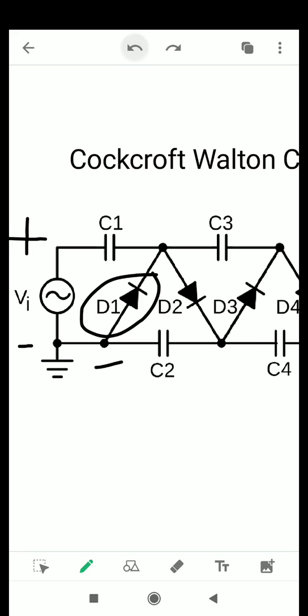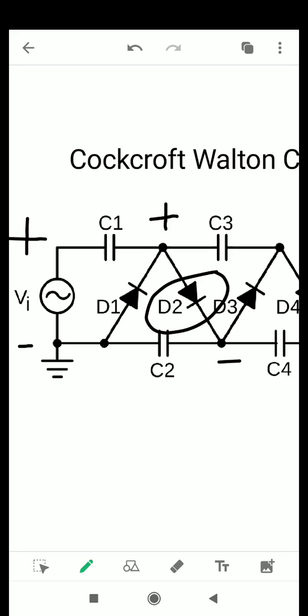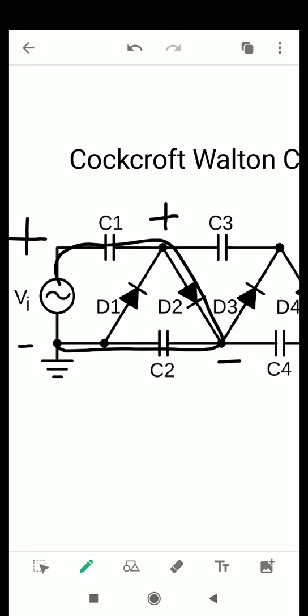So this is positive and this is negative. In this condition diode D2 is forward biased. So the circulation of current will be like this: through the diode D2, through C2, it will reach the negative terminal of the supply.